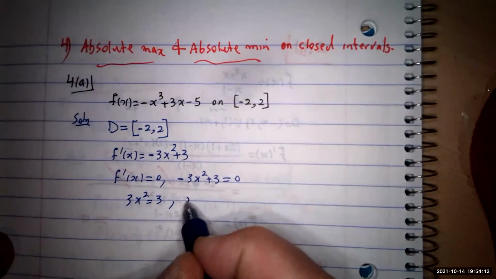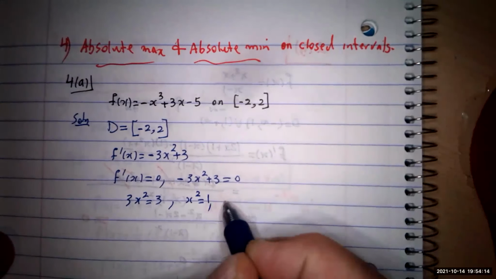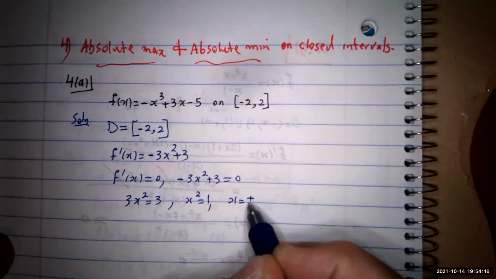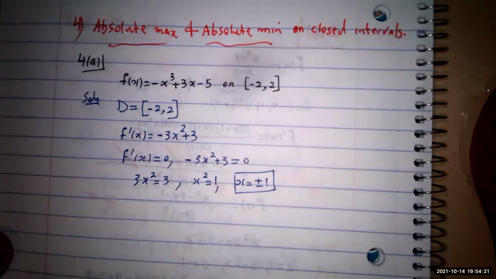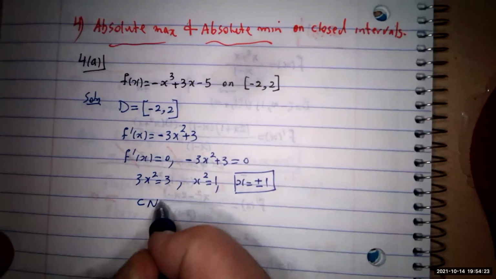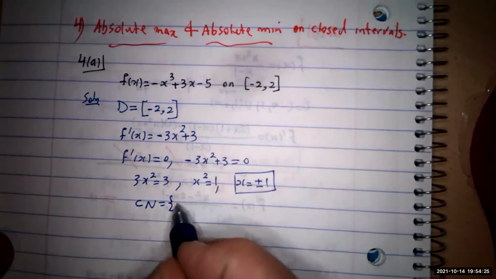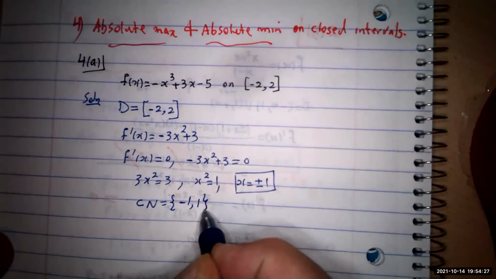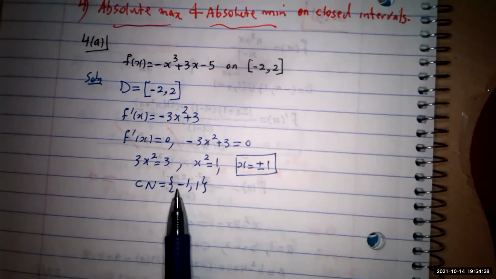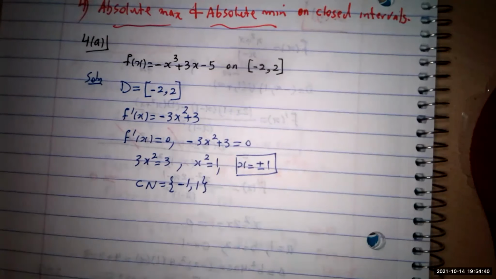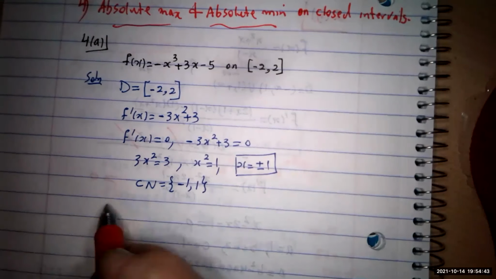Then I divide by 3, so x squared equals 1. So x would be positive or negative 1. That's it. So we have 2 critical numbers. Critical numbers are going to be -1 and 1. Any question? So make sure to solve this equation correctly. Now we check to see if you are going to accept those 2 numbers, okay? Checking.